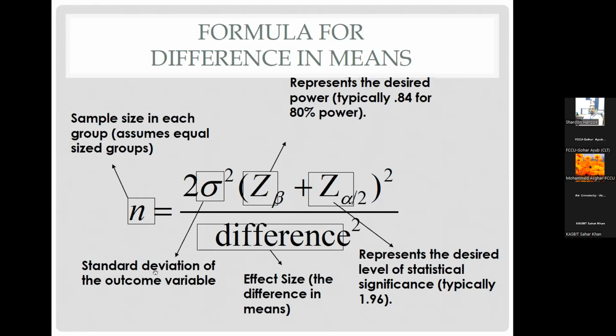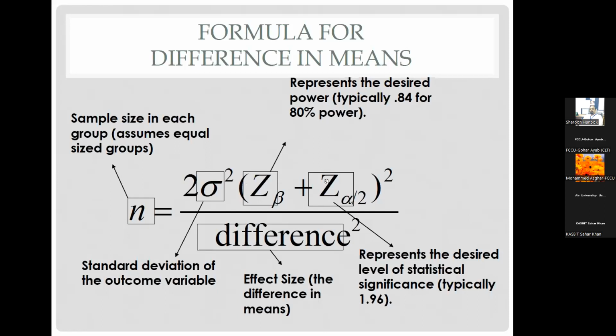So how do you know that variation? This information we carry over from previous similar studies that have been done on a similar population. If there's no existing study available, we carry out a pilot survey. That pilot survey gives us the standard deviation value, how much variation there is in our outcome variable.